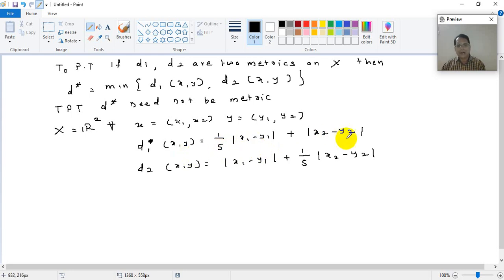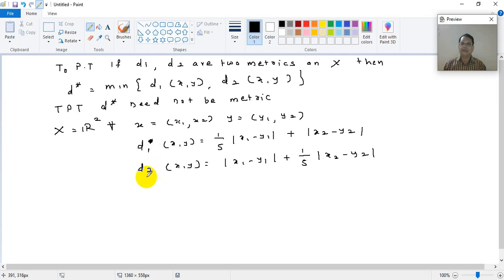So we have combined them like a linear combination. 1 by 5 is a positive real number, alpha greater than 0; here beta is 1. Same story here. So there is no need to prove now that d1 is a metric, also d2 is a metric. You can prove this out of interest.